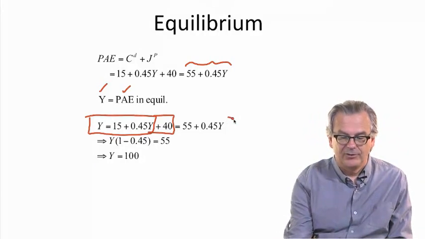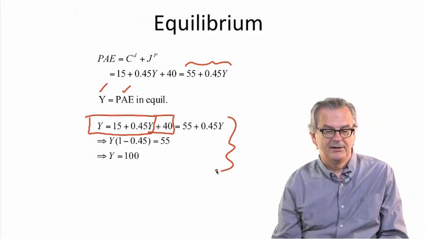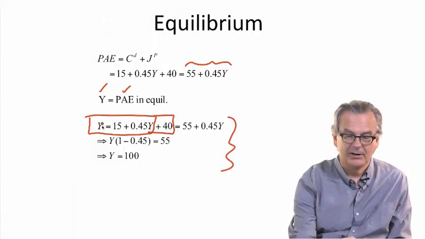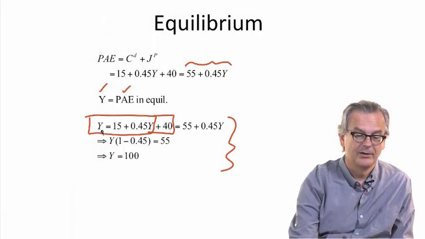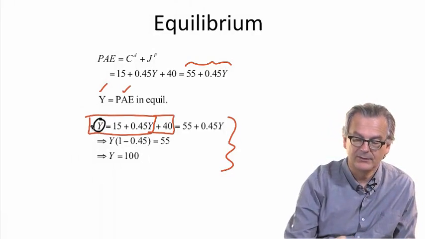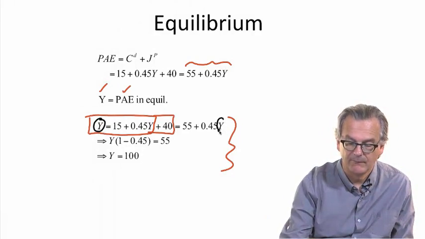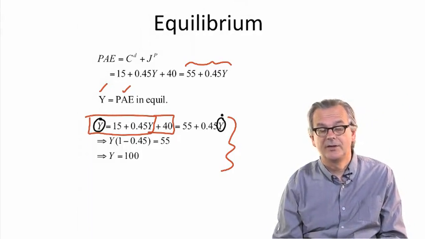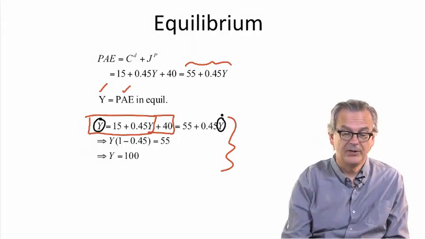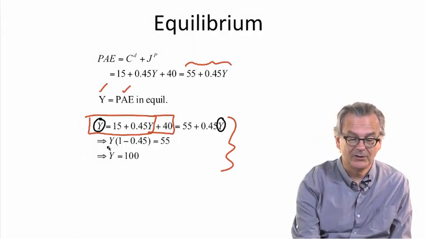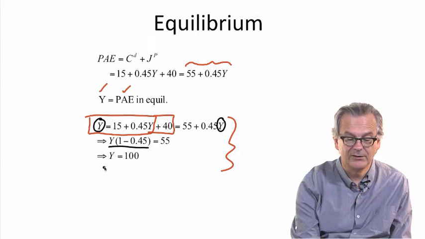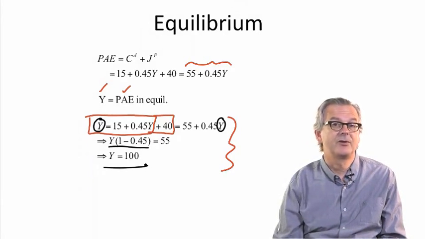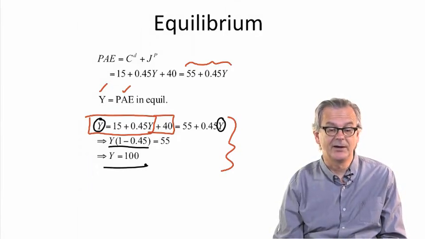Here I've just done it for you, but you can check if you like. We have an equation where we have y on the left-hand side and y on the right-hand side. So simply solve that equation for y, bring those two income terms onto the left-hand side of the equation, and you can soon see that the economy's equilibrium flow of GDP is indeed 100.